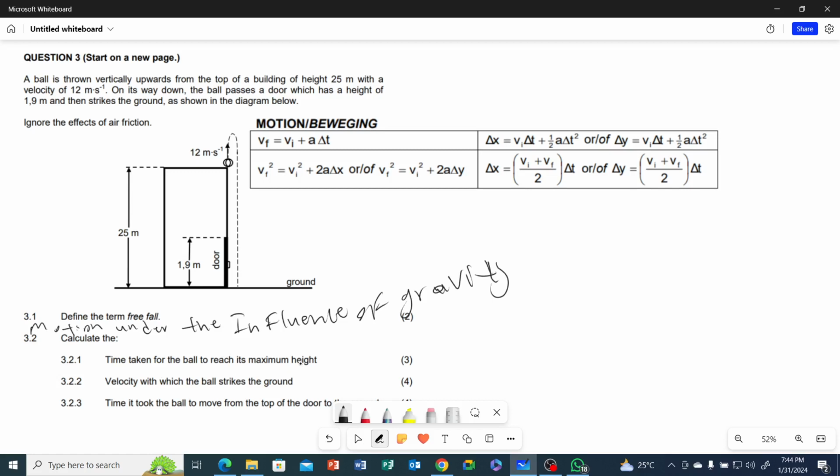Okay, now we are required to calculate the time. How do you select your equations when you're asked to calculate the time? What you need to do is check what is given to you so that you know which equations you must choose.